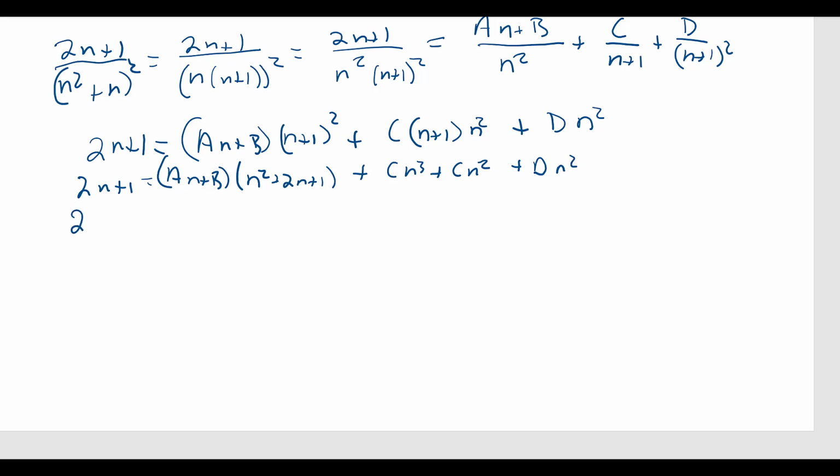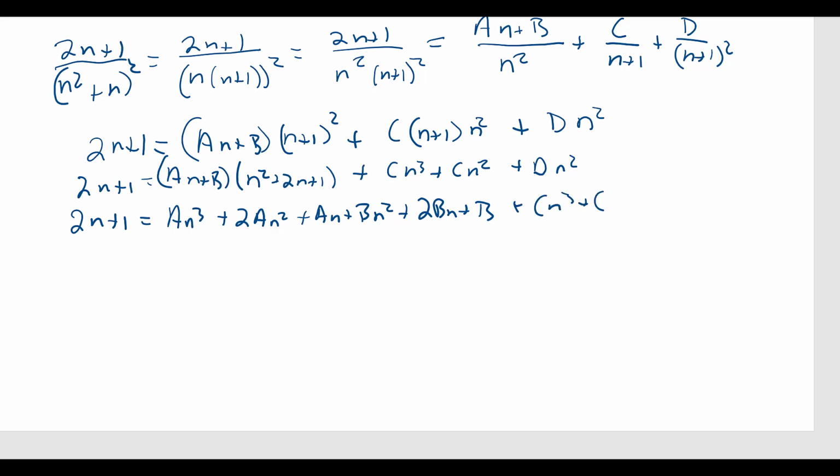So we have 2n plus 1 equals an cubed plus 2an squared plus an plus bn squared plus 2bn plus b plus cn cubed plus cn squared plus dn squared.